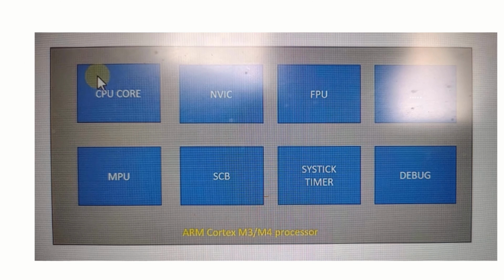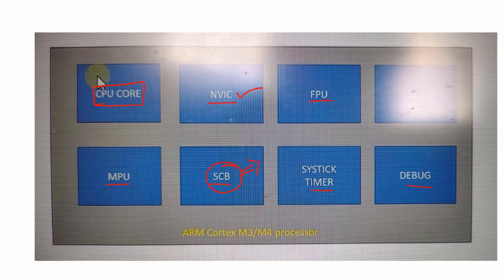First, let's see the different peripherals of the ARM Cortex M processor. There are many peripherals. A few among them are NVIC, FPU, MPU, SCB, and System Timer Debug Unit. Here, we are going to look into the SCB, the System Control Block.